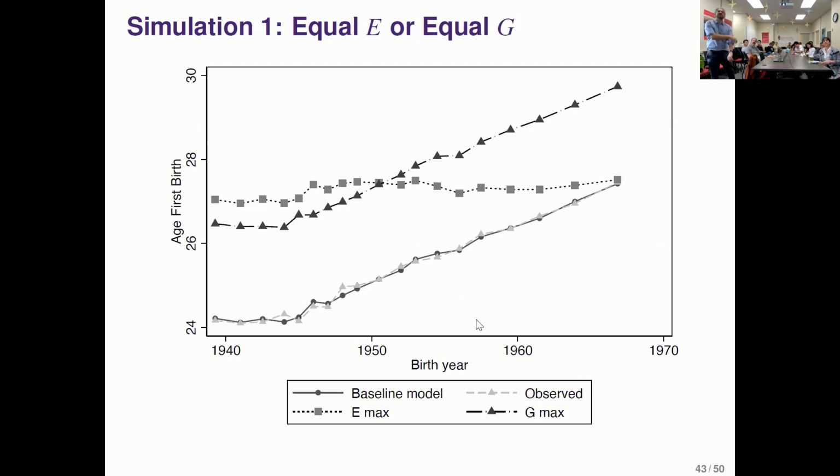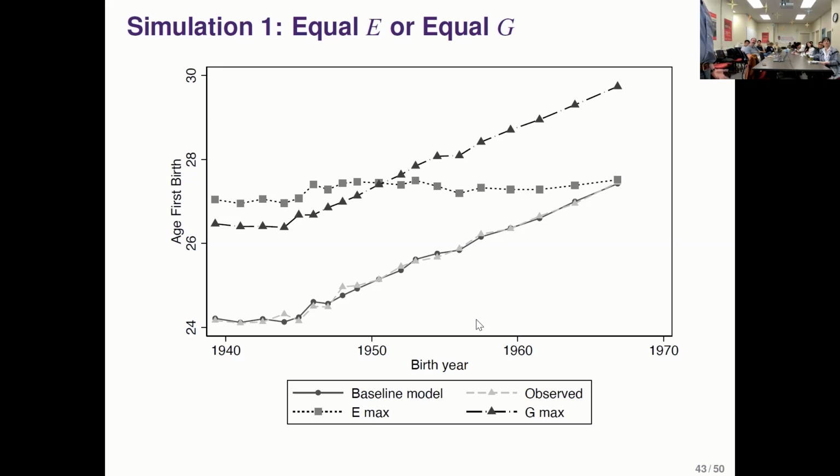We also did a few simulations to understand a bit what's going on. So let me explain this. The light dotted line shows the observed values plotted against our baseline model.